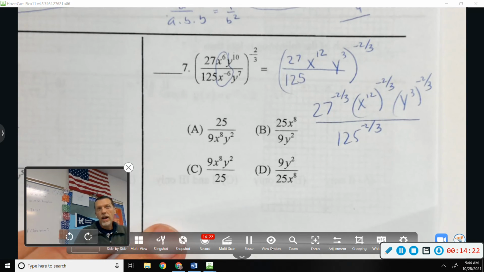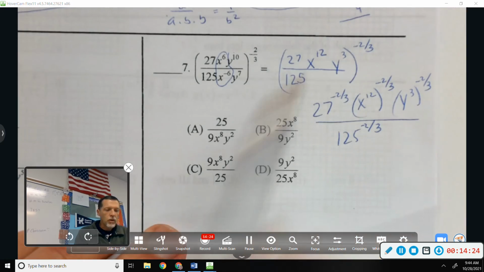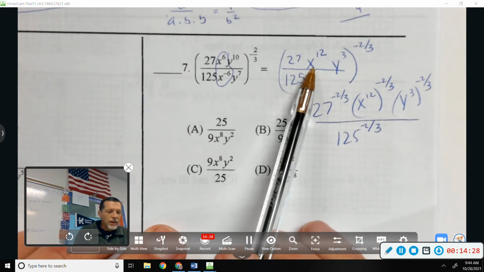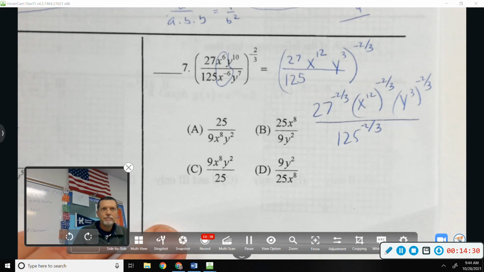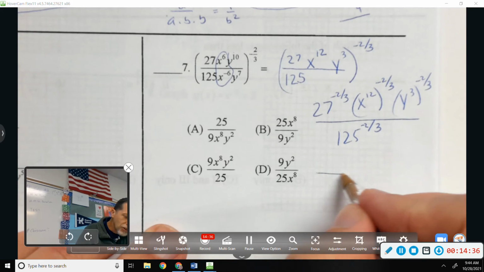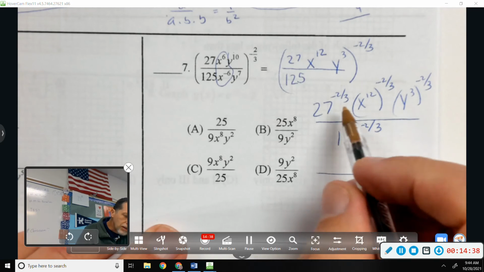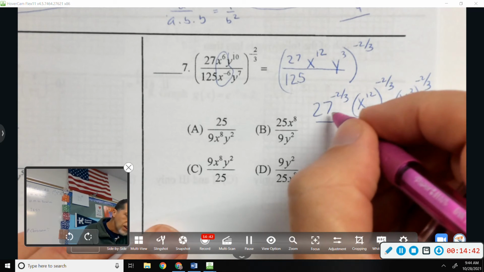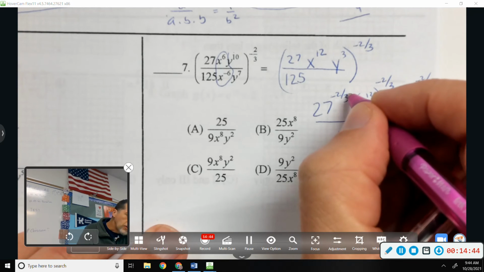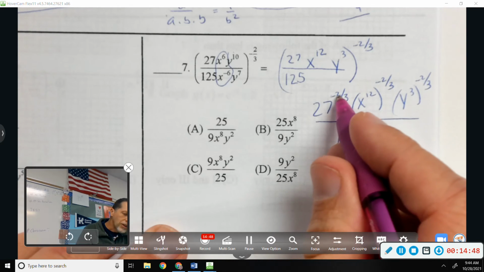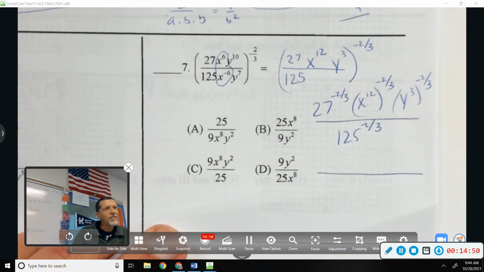You could handle them separately. So the question was, can I take the negative, flip everybody, and then do the 2/3? Absolutely, you can. I arguably should do that first anyway. Let's see, 27 to the negative 2/3. I'm running out of space, so I know I'm going to flip it. I want the cube root of 27, and then I want to square the cube root of 27.